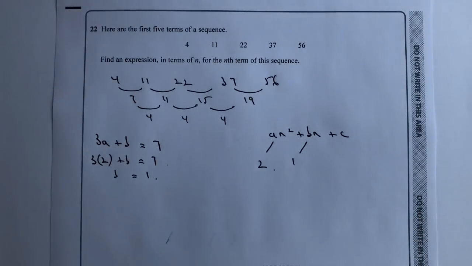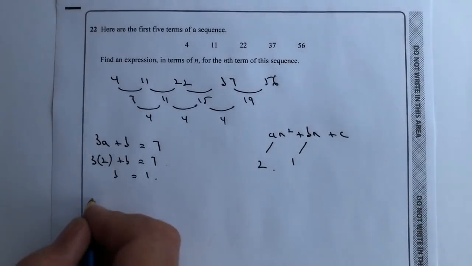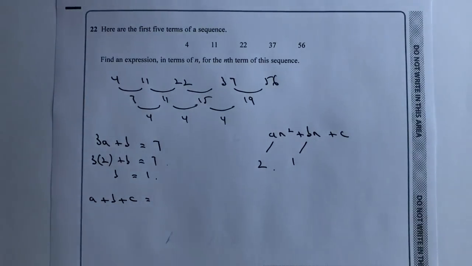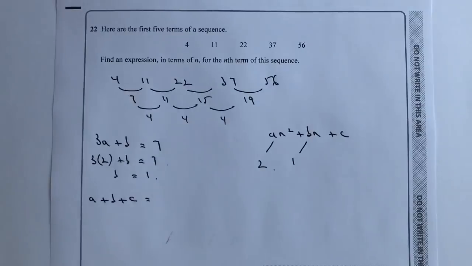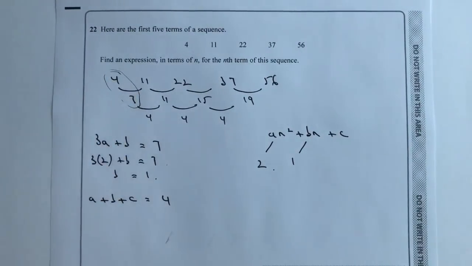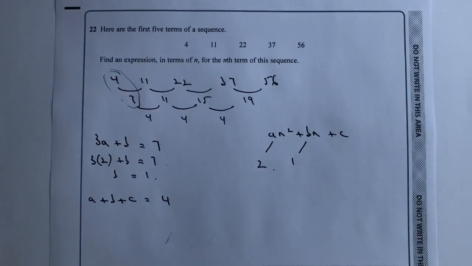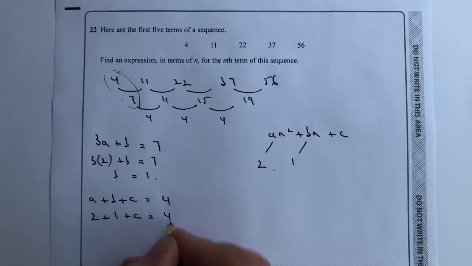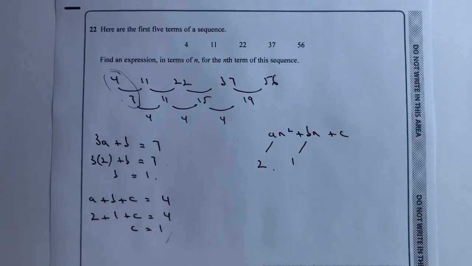And then the final thing I remember is a plus b plus c equals the value of the first number, which is 4. The two numbers I'm interested in are these two numbers here. I've got the value of a, which is 2, and the value of b, which is 1, plus c equals 4, so c must equal 1 as well.